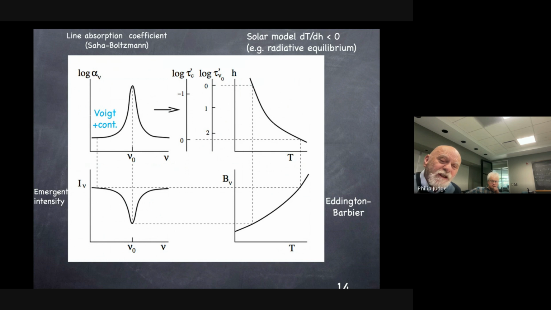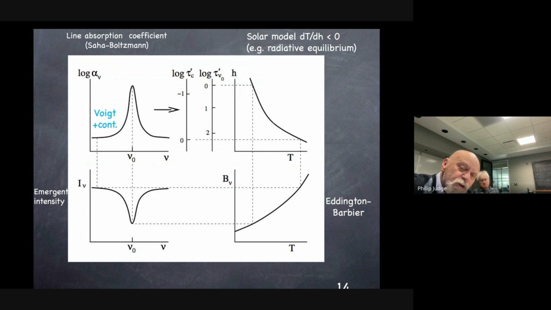We have a void and a continuum profile. So in the wings far away, we've got a constant number. That's the continuum, whatever the local continuum is, H minus, for instance. And then we have the line profile in the middle, centered at nu zero. So let's look at the dashed lines there and follow just the one from the top left, just underneath where it says void plus continuum.